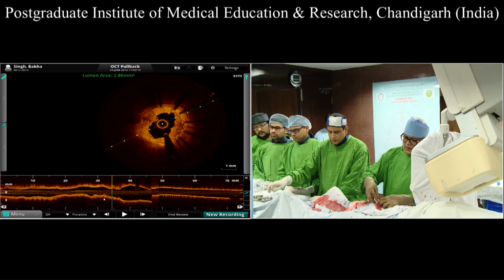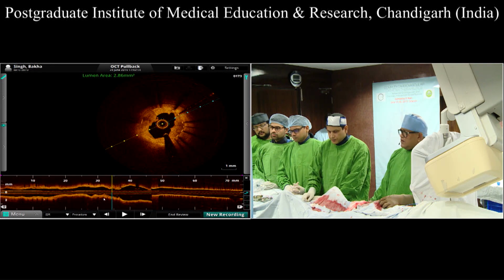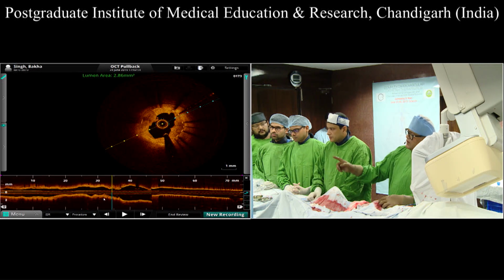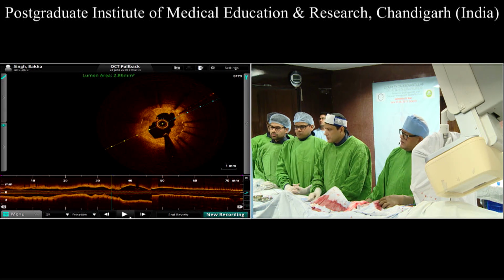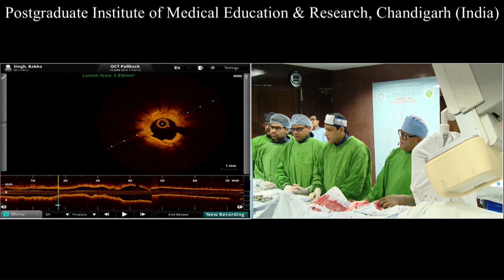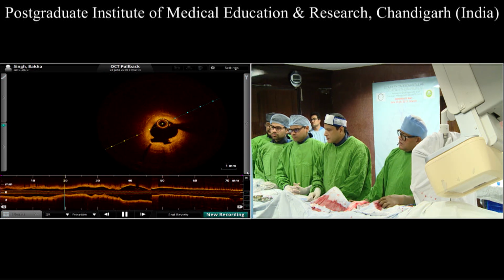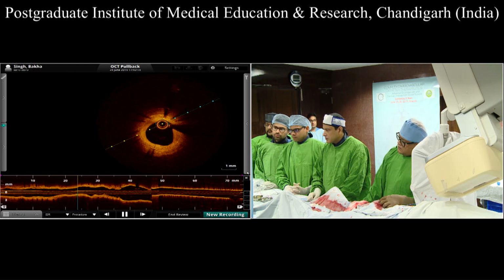Okay. I think the question here is what is actionable with these images? This image looks like good fibrotic tissue, but the actionable questions are: do we have calcium inside the stent? Do we have calcium outside the stent? Is the old stent underexpanded?